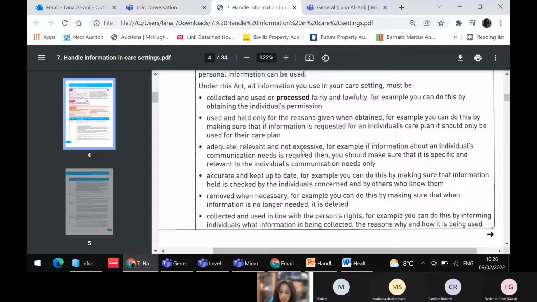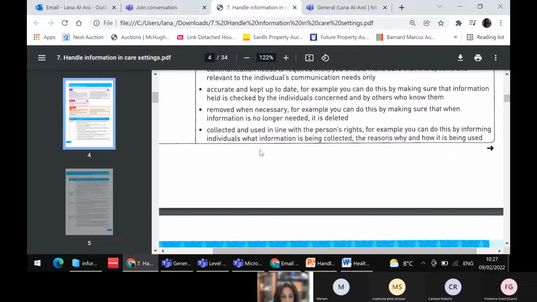Was it when he was very young, or was it now? Which type of diabetes? Does he take tablets only, or does he need injections? Exactly. So you need relevant information to this person, not excessive, which means not too much information. Just understand the person's situation. Excellent. Yeah, this is the point.